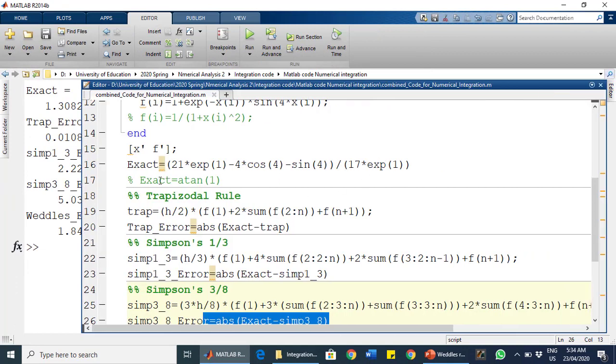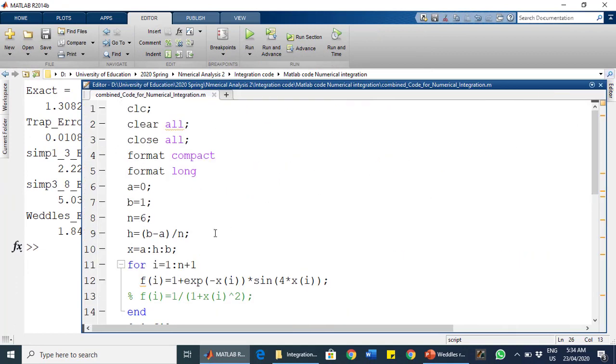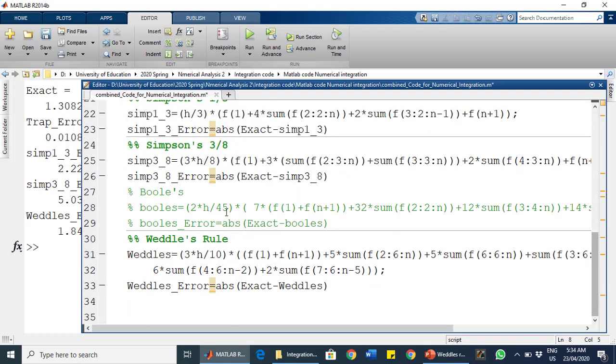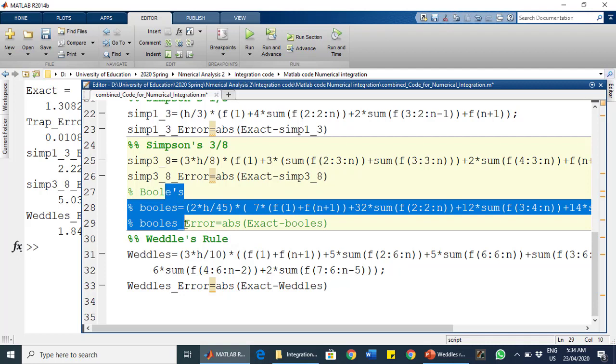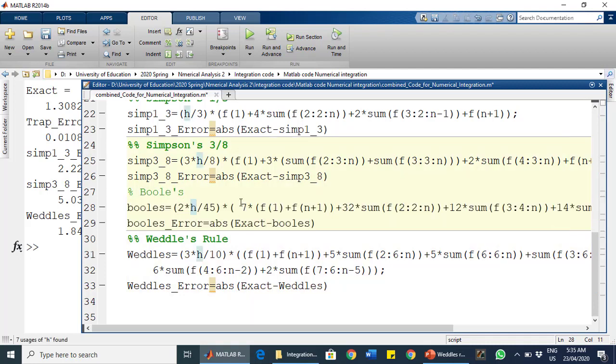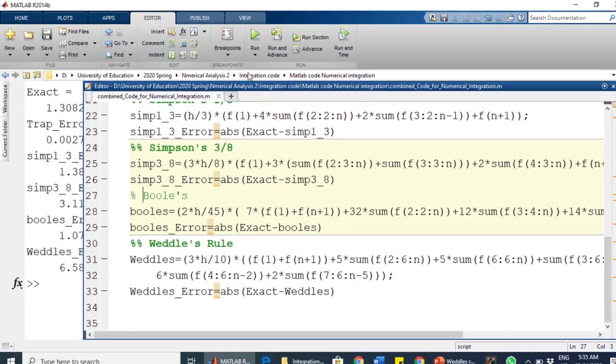Now let's increase the number of subintervals from 6 to 12, and we use Boole's rule as well. Now let's execute.